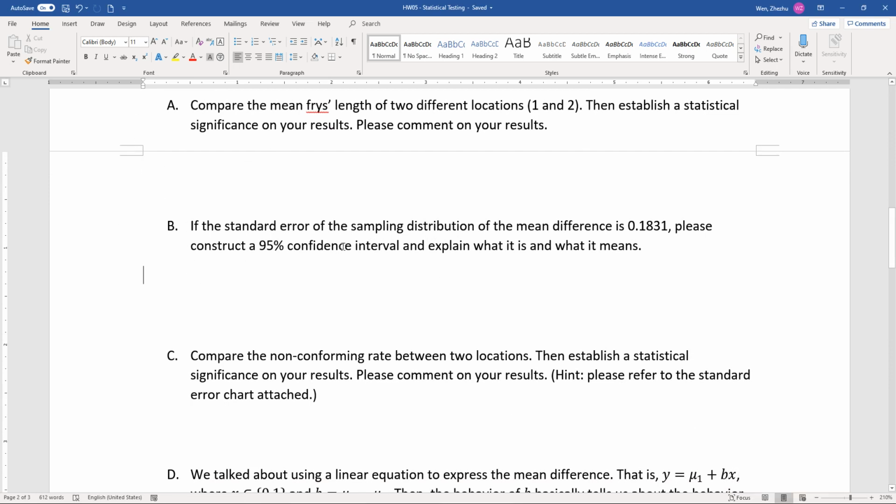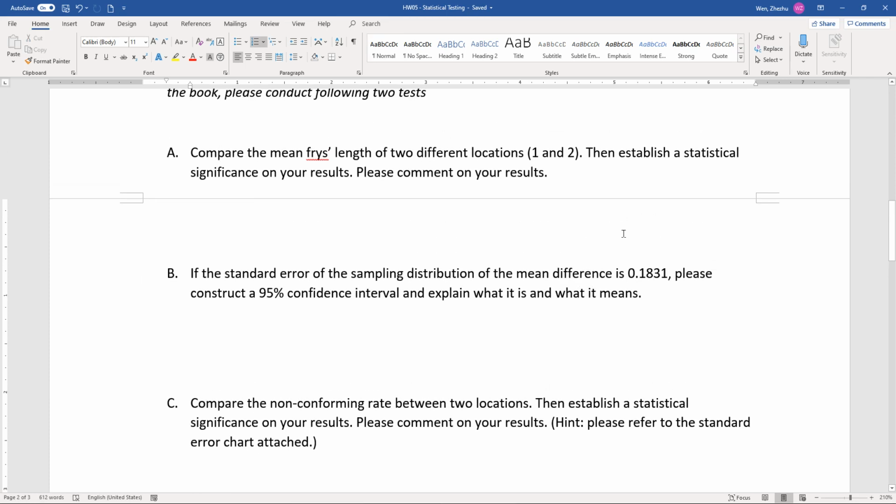Then, I'm asking you to calculate the confidence interval of the population mean difference. We can obtain the mean difference, and that is the first component, and you also need to know the standard error.